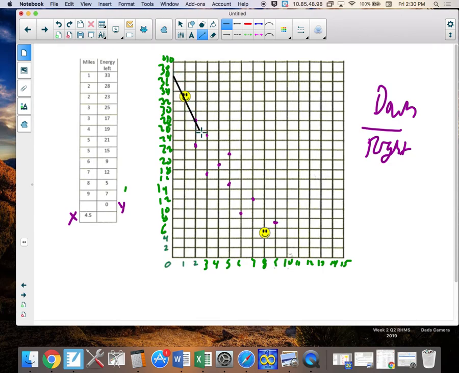Starting kind of there, through the first smiley, through the second smiley, all the way through. All right, let's see how that worked. I think it's a good slope, good steepness, good flow with the points, but I have 1, 2, 3, 4, 5, 6 dots below, 1, 2, 3 dots above. So those are not the best choices for our line of best fit. We're going to have to start over.